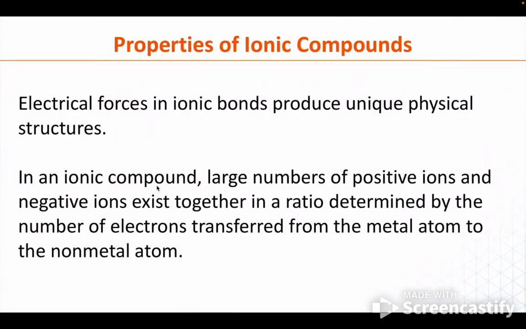Because we have those crystal lattice structures, ionic compounds are really made up of a large number of positive ions and negatives. So what we do is we give the chemical formula for just that lowest ratio, where everything is able to be electrically neutral.